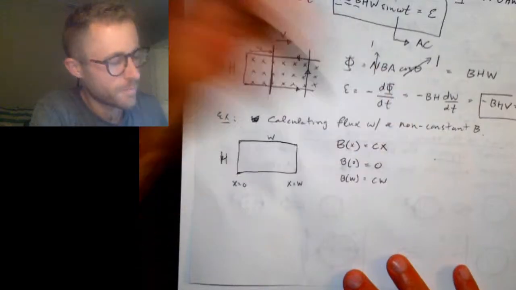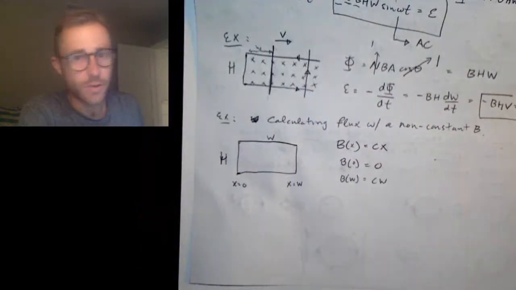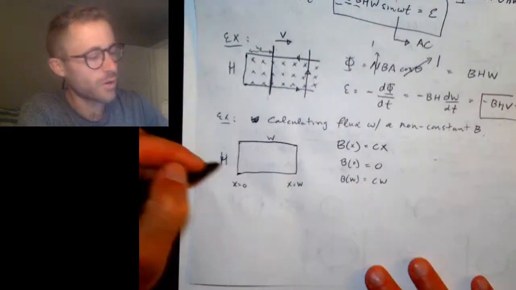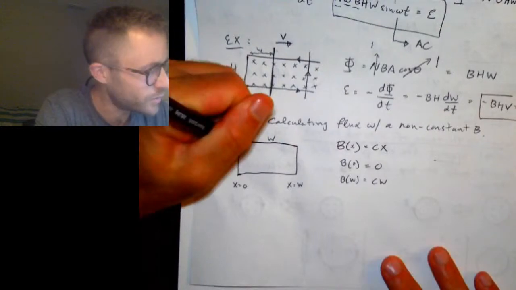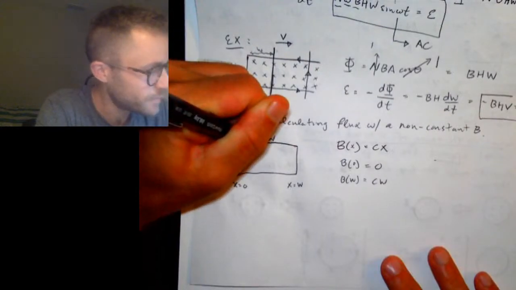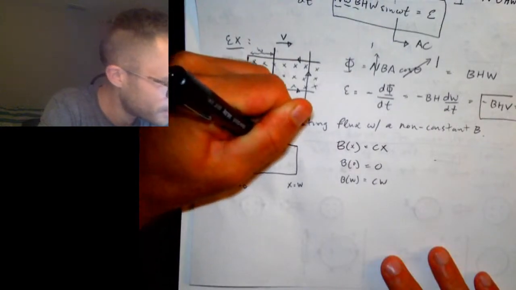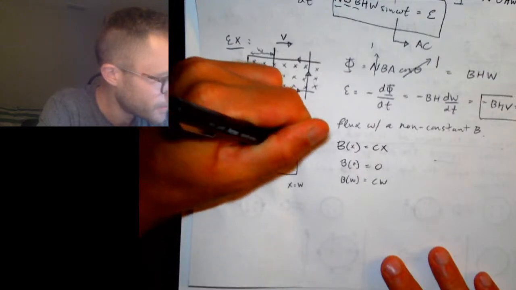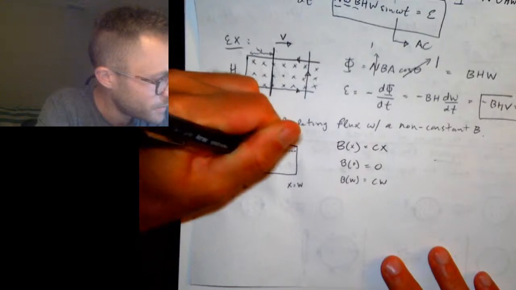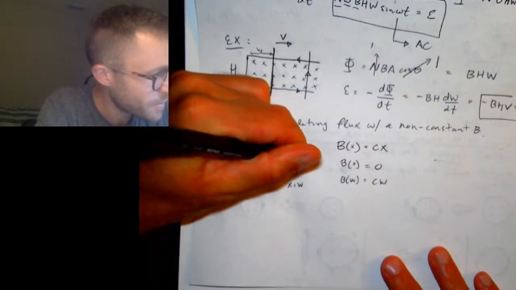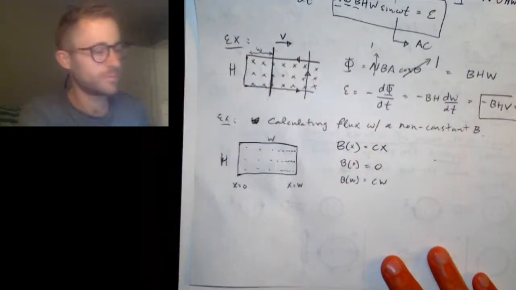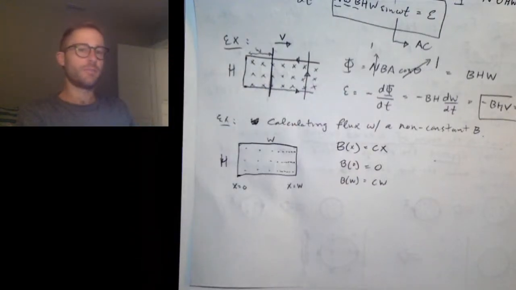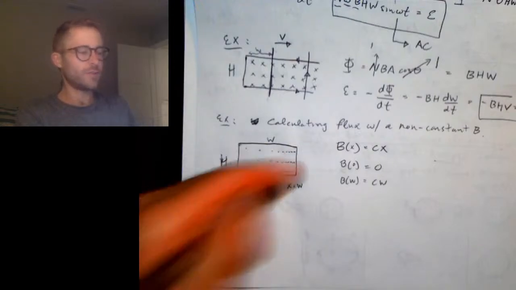So the magnetic field is getting stronger as we move to the right. It doesn't matter what direction it points. Let's just say it points out of the page. It's getting stronger as you go to the right, so more dots.